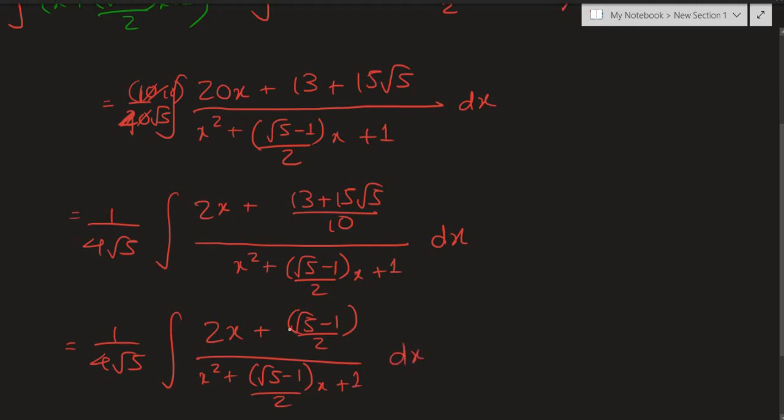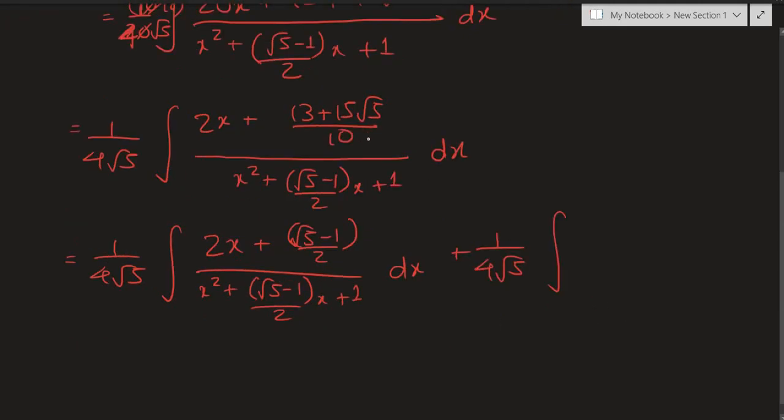But since we added this and there was no initial root 5 minus 1 over 2 term, we also have to subtract that from this other part. So that will be another integral plus 1 over 4 root 5 times, when we find a common denominator, we have to multiply this by 5 so that the denominator becomes 10.